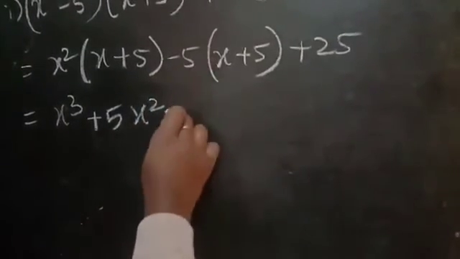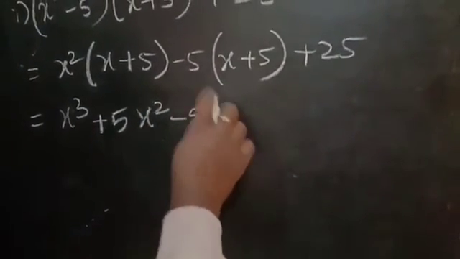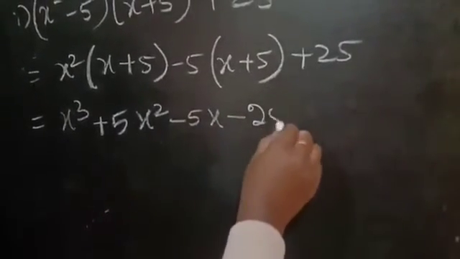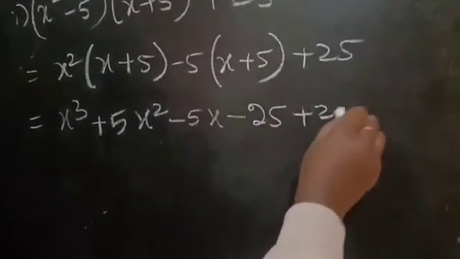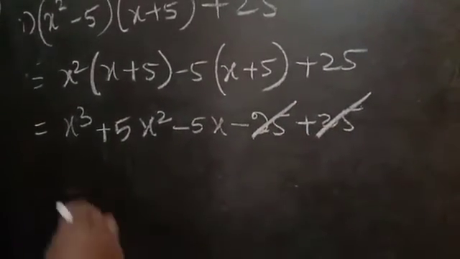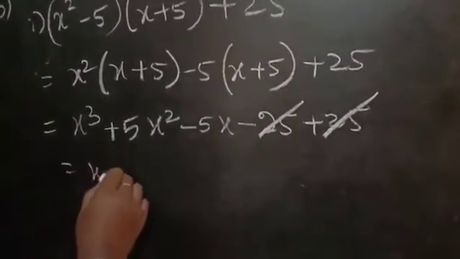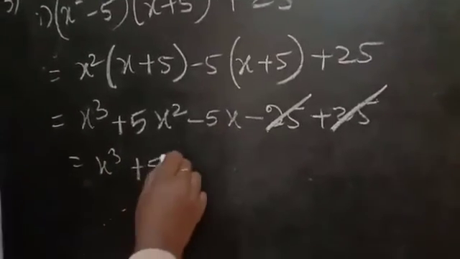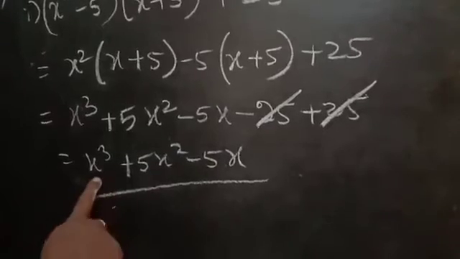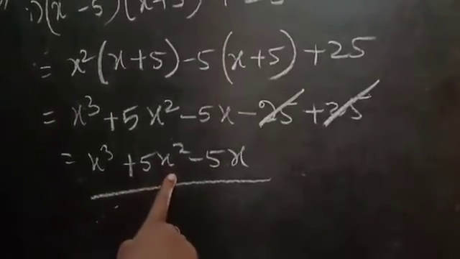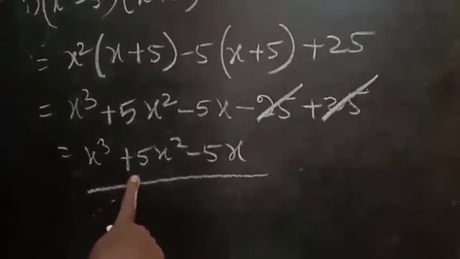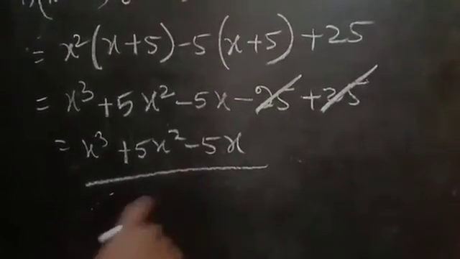Minus into plus, minus 5x. Minus into plus, minus 5 5s are 25. Here we have plus 25, so plus 25 minus 25 get cancelled. We have x cube plus 5x square minus 5x. This is the x cube, x square, and x term. Different terms we cannot add or subtract.